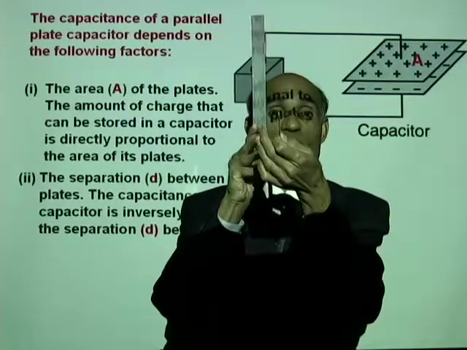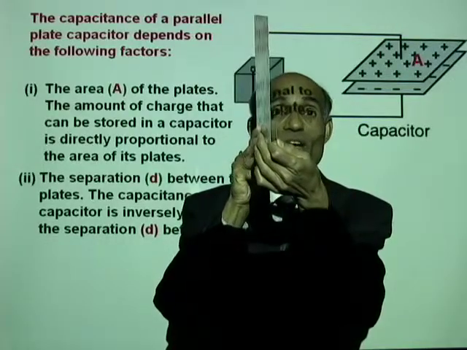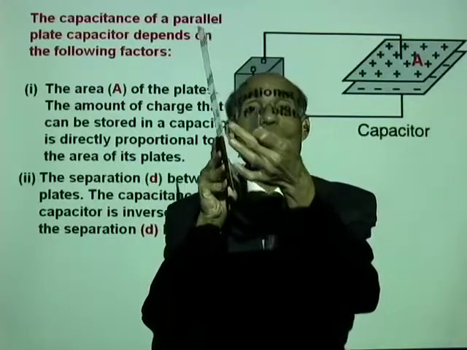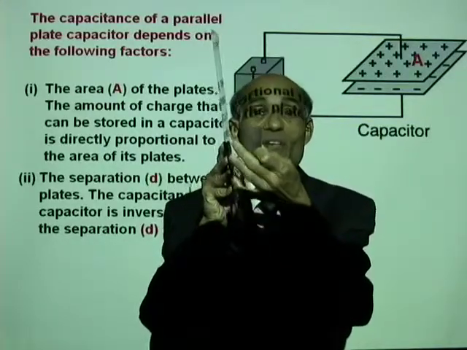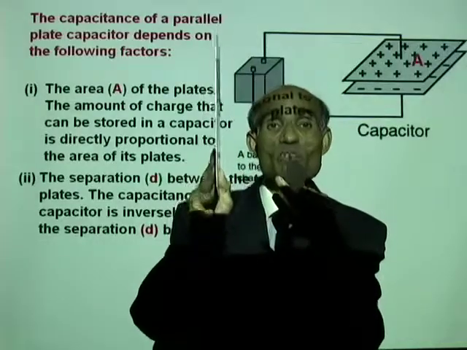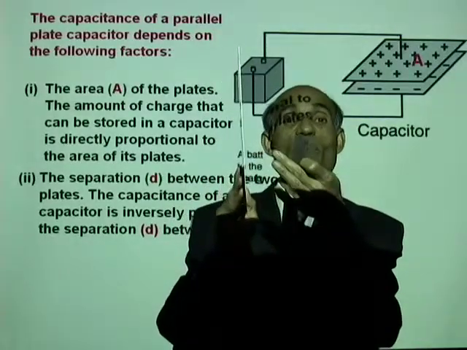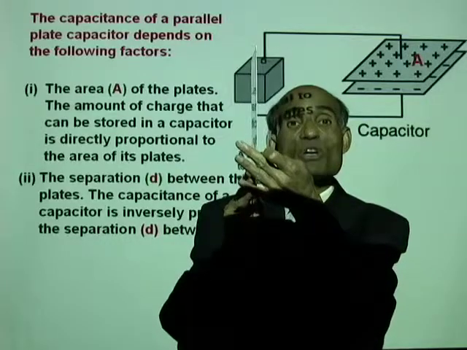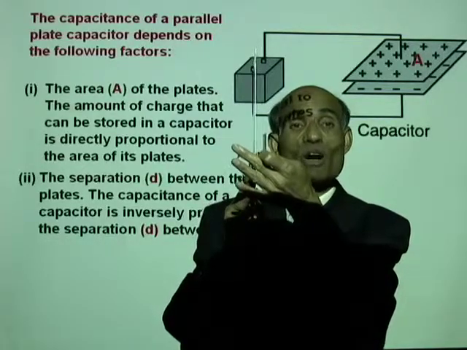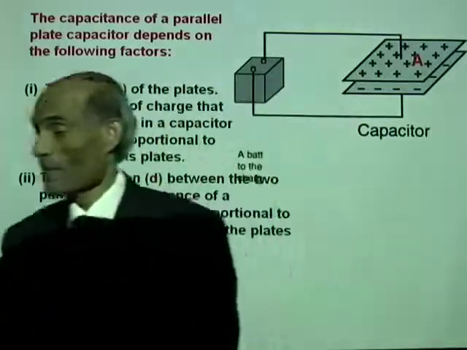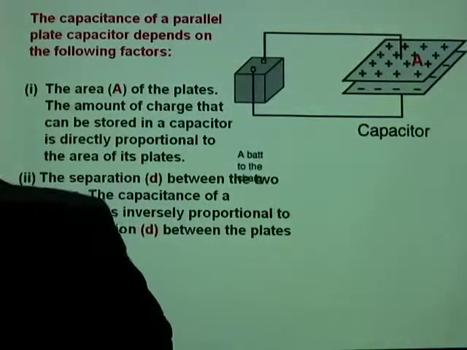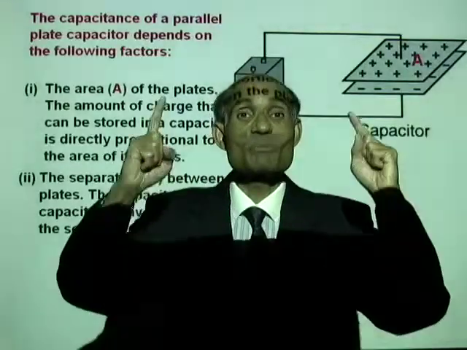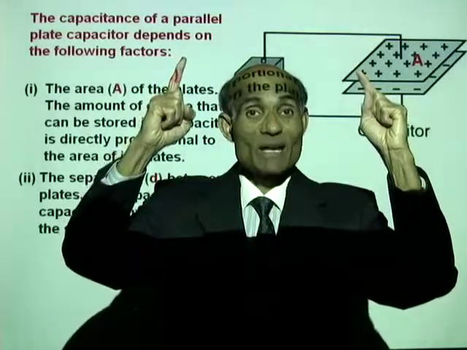Well, if the plates are brought closer together, the effect of the negative charges will be felt more on the positive charge. That means the potential of the charged conductor will be reduced if you bring the neutral conductor as close as possible. That means if the separation between the plates is small, the capacitance will be greater.